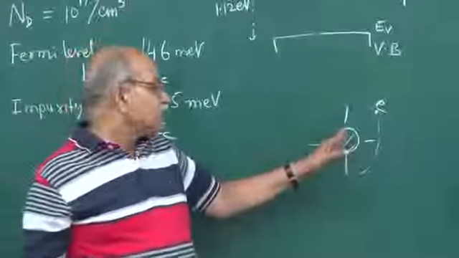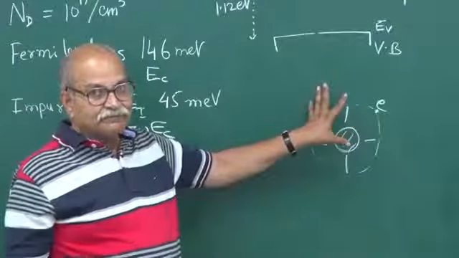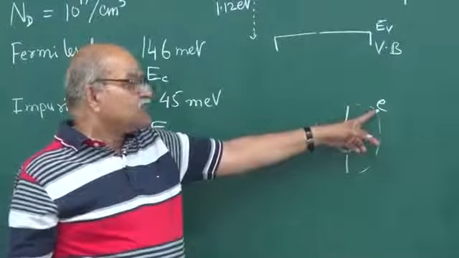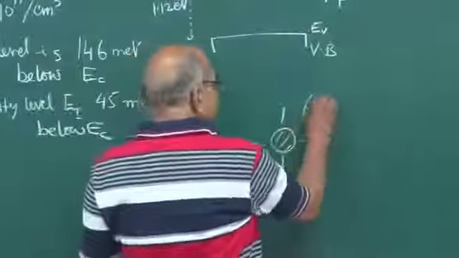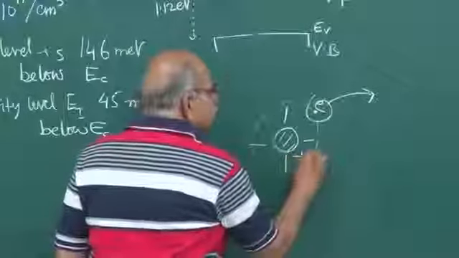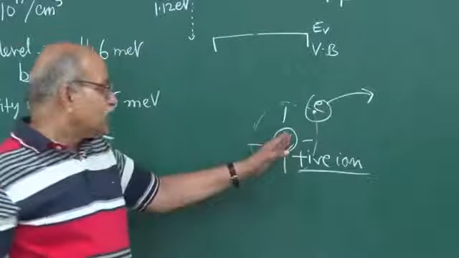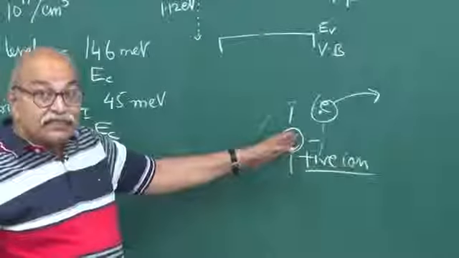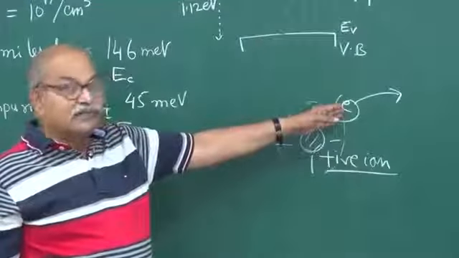It had 5 electrons, there are 5 electrons, and therefore it's a neutral atom. But if this electron goes to the conduction band, what is left here is a positive ion, and you say that this donor atom has been ionized. That means the electron has gone into the conduction band.